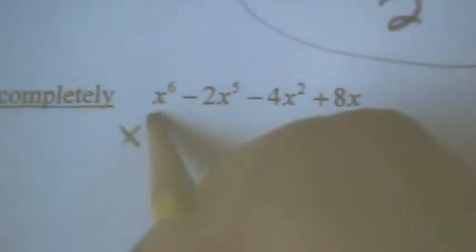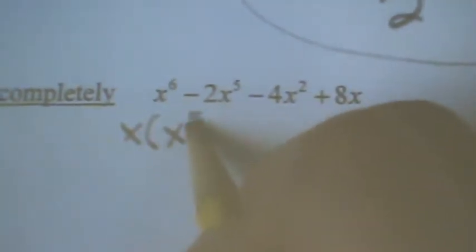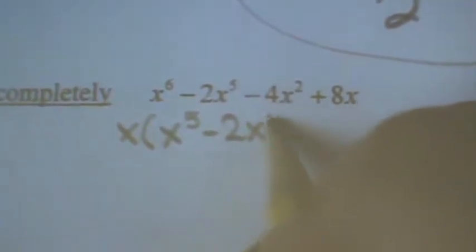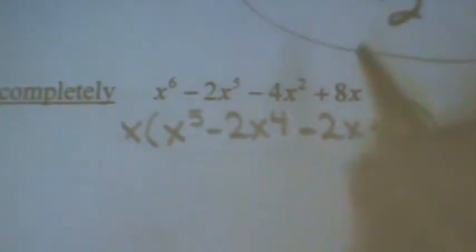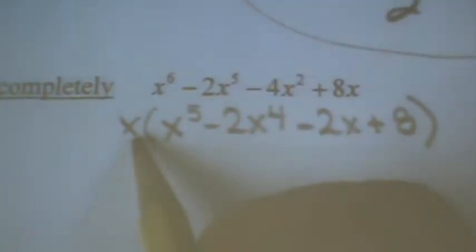So I'm gonna first factor an x out. One of my zeros I know is 0. This is a rational 0, it's real, and it's gonna be one of my factors, x times something.